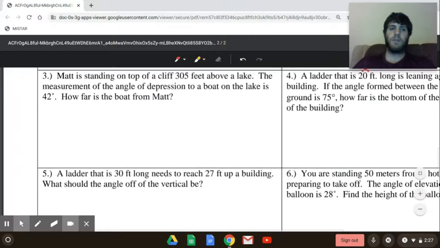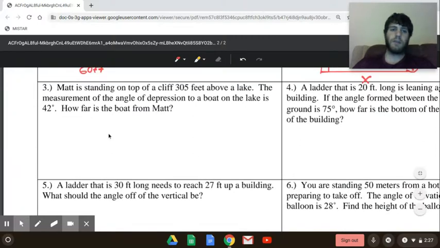Okay, number three, Matt is standing on top of a cliff. So again, we have Matt on a cliff above a lake. The measurement of the angle of depression is 42 degrees. How far is the boat from Matt? So again, you have a lake out here, and you have a boat in the lake.